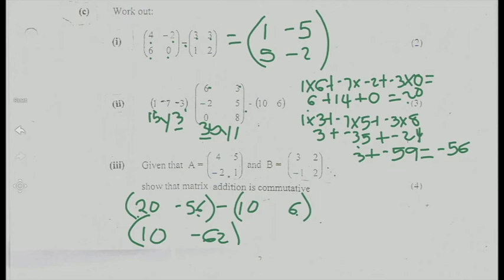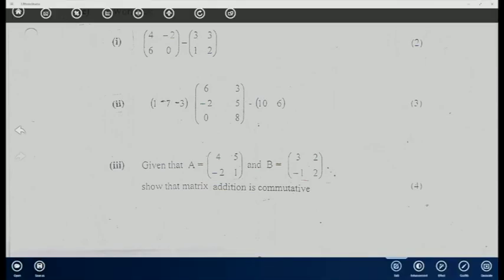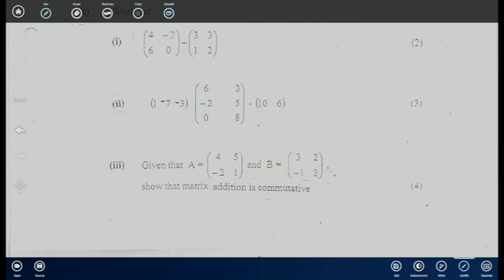Given that matrix A is this and matrix B is this, show that matrix addition is commutative. Show that matrix addition is commutative, okay? Let me use this space here for this. Addition of matrices.